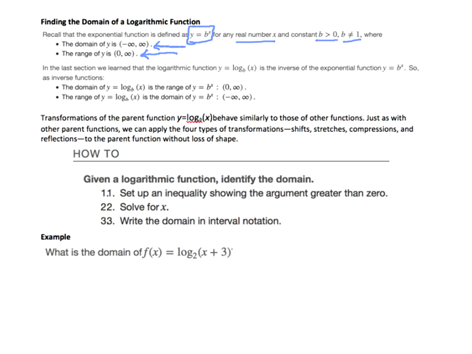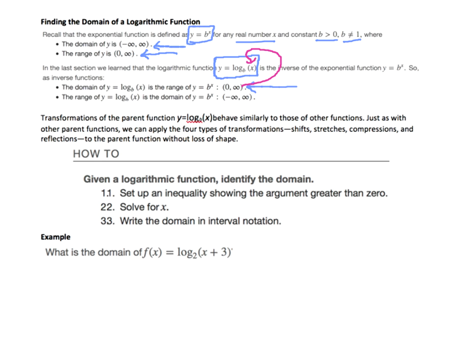When we think about characteristics of inverses, and we know that the logarithmic function is the inverse function of an exponential function, notice our domain and our range are exactly flip-flopped. I now have a domain from 0 through positive infinity, because think about plugging into this function for x.